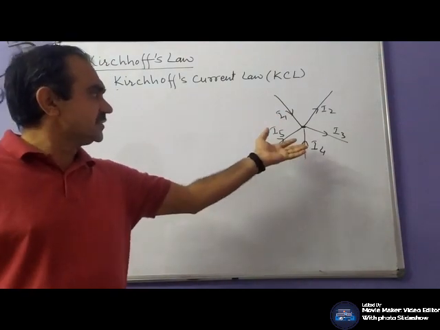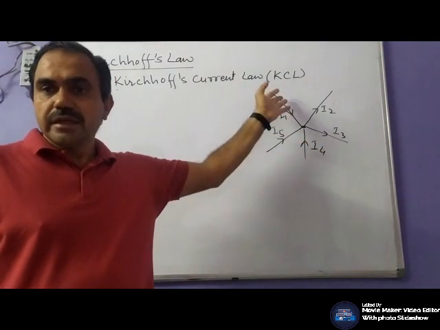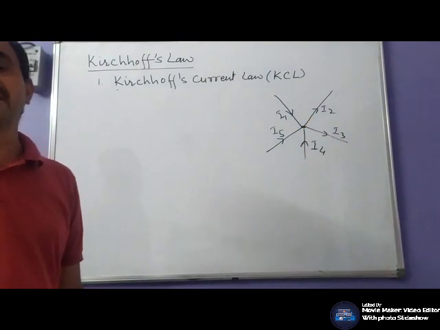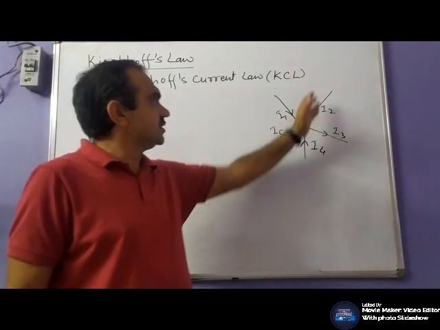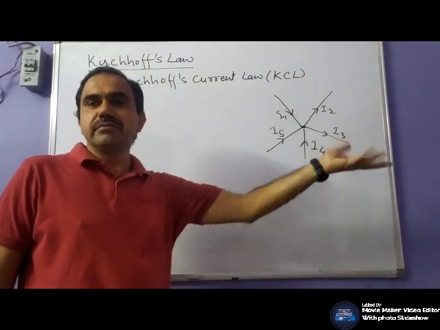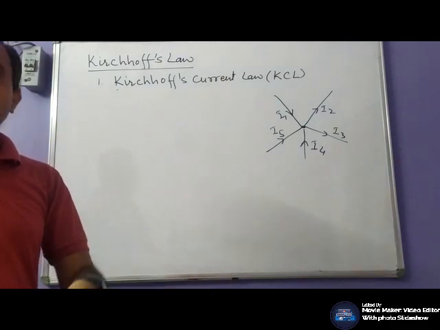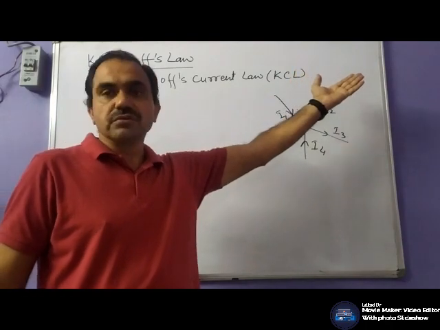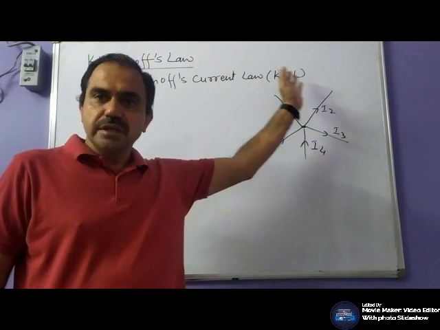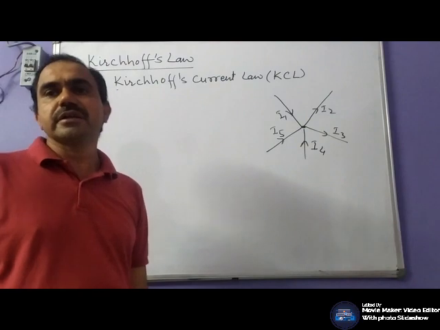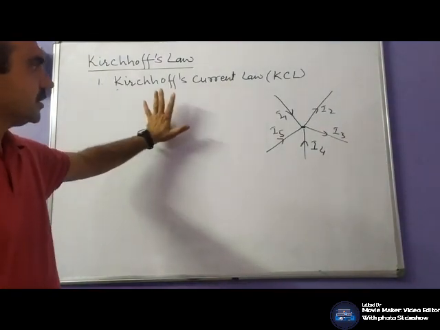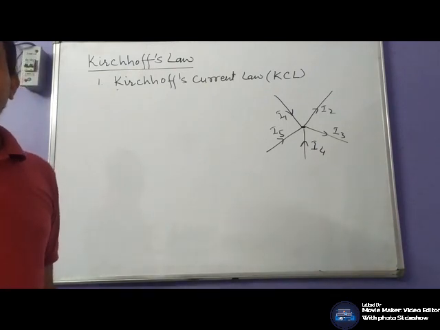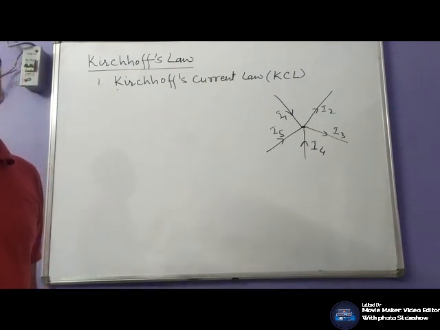So we will take reference currents coming towards the point as positive, and currents going away from the point as negative, or we can alternatively select it: currents going away from the point positive, current coming towards the point negative. This law states the algebraic sum of currents meeting at a point is 0.